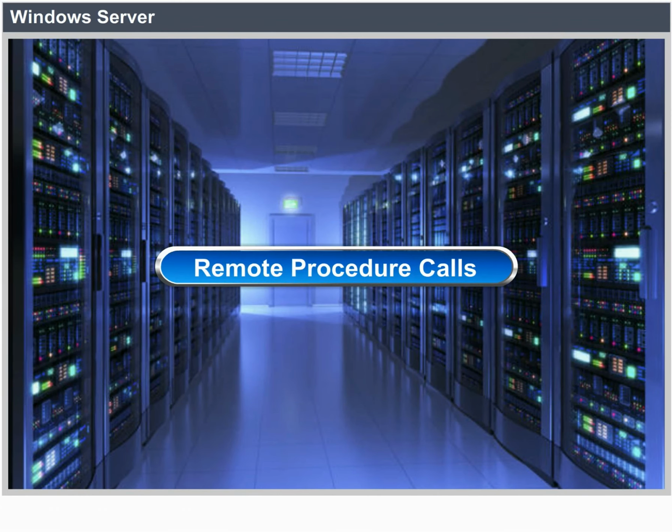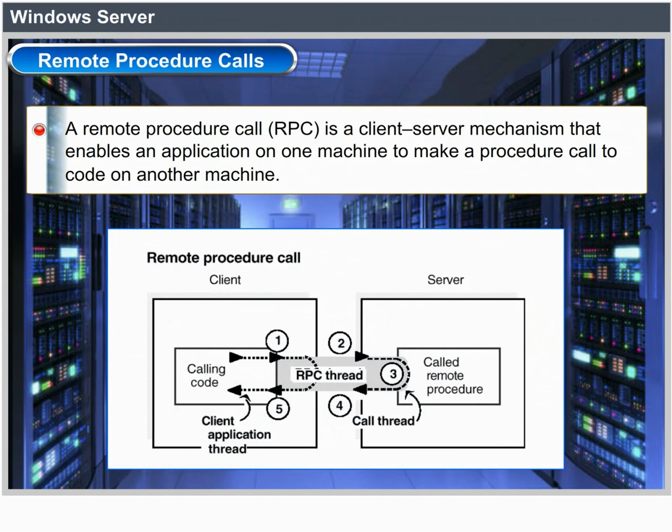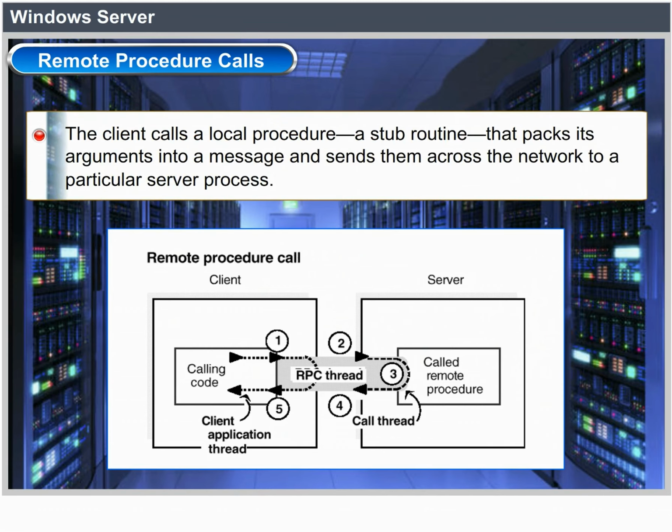Remote procedure calls. A remote procedure call, RPC, is a client-server mechanism that enables an application on one machine to make a procedure call to code on another machine. The client calls a local procedure, a stub routine that packs its arguments into a message and sends them across the network to a particular server process.